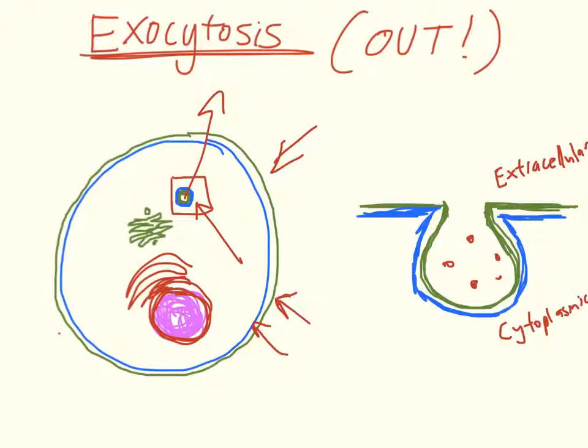So the inside of the vesicle, which is green here, actually becomes the outside of the plasma membrane. So green, green, blue, blue, and the outside of the vesicle becomes merged with the inside of the plasma membrane. So the color coding makes sense.